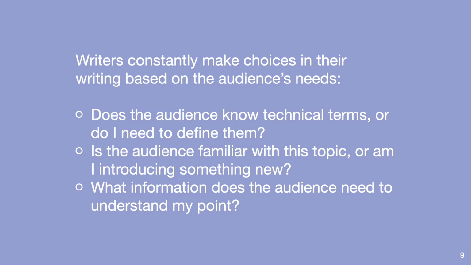Writers constantly make choices in their writing based on the audience's needs. Does the audience know technical terms, or do I need to define them? Is the audience familiar with this topic, or am I introducing something new? What information does the audience need to understand my point?